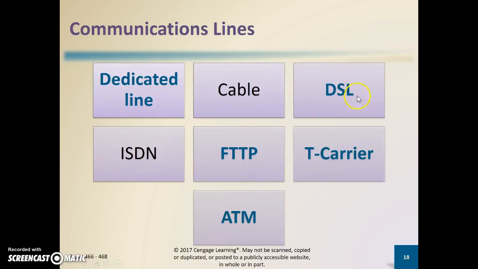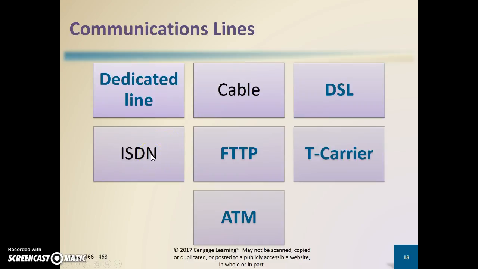DSL is digital subscriber line. It's made of copper phone wires. Cable, of course, is just like your cable television. So if you have Comcast, that would be a way that you would be able to have a communication line.